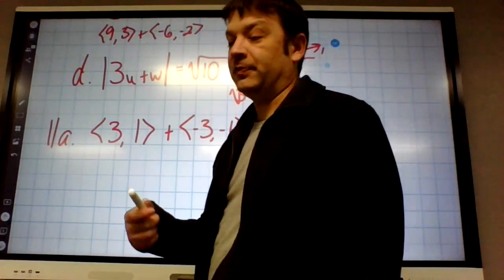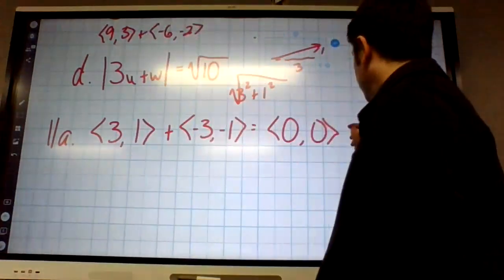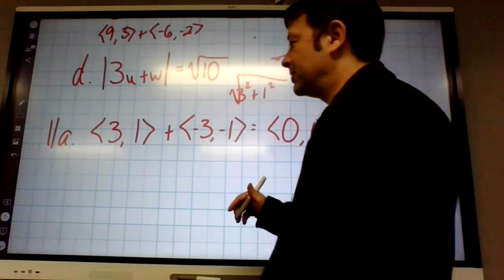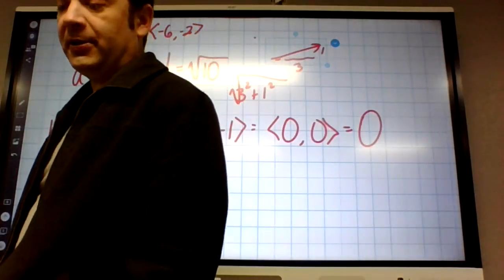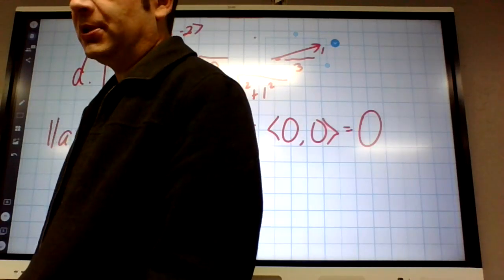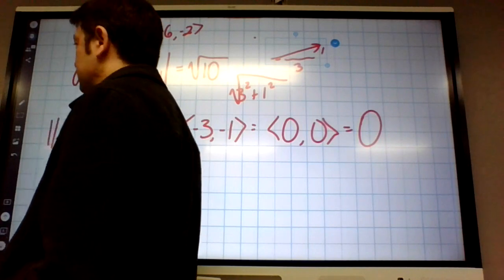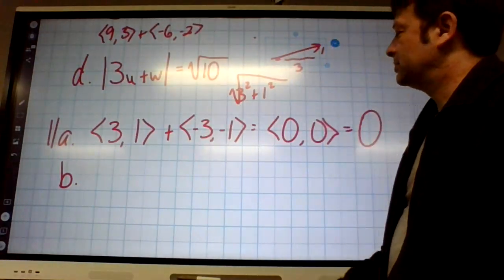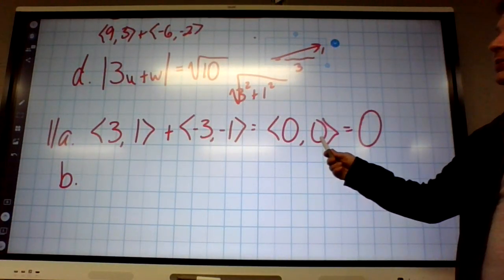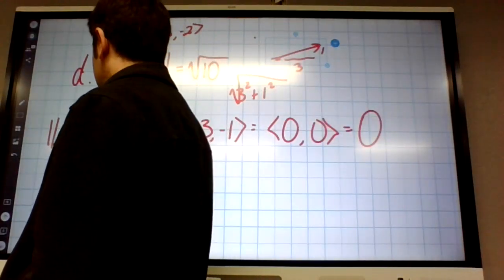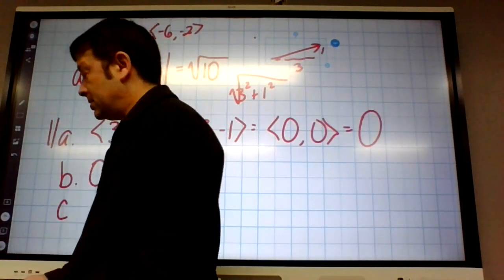That's the vector going nowhere. They also call it the zero vector. Okay, does nothing. So B says, what is the magnitude of that vector? Zero. The magnitude of the vector going nowhere is 0.